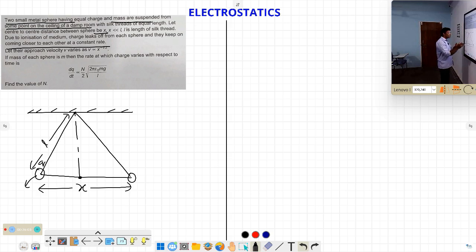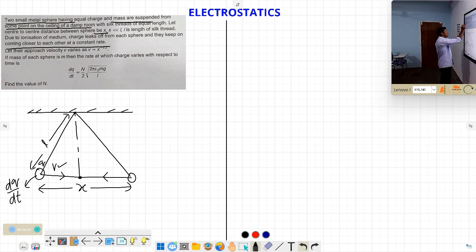Due to that, both approach each other with a certain velocity. The more the rate of charge going out, the more speed it acquires. That rate of flow of charge is called dq by dt. Based on dq by dt, the speed at which the spheres approach each other depends.